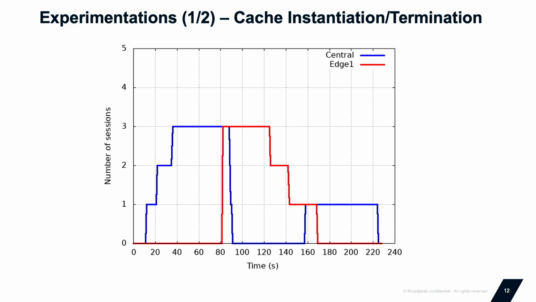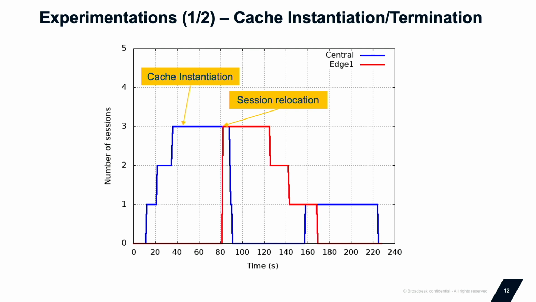At the beginning, the number of streaming sessions served by the cache instance in Central climbed from 0 to 3, and that triggers the cache instantiation procedure. It takes a little while for the cache instance in H1 to be up and running, and so at around 80 seconds, the 3 streaming sessions served by the cache instance in Central are seamlessly relocated to the cache instance in H1.